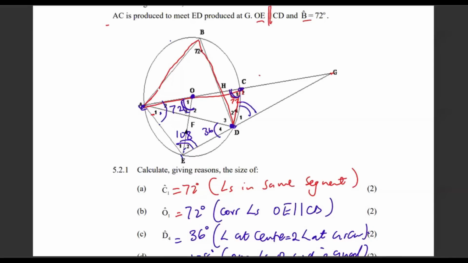You don't know the size of P2, D2. So how are these parallel lines going to help us? Because I'm not seeing any sort of help with the parallel lines.